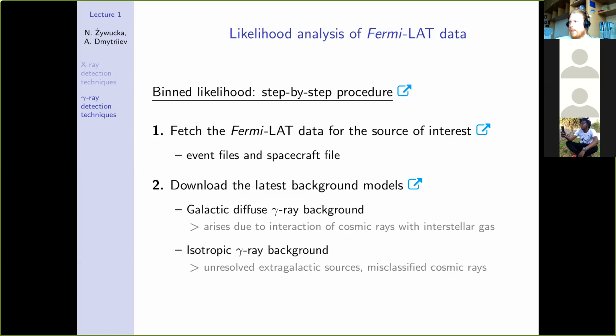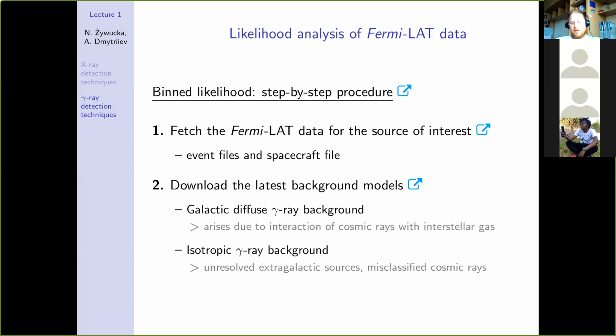It's everywhere all over the sky, and this is due first to unresolved extragalactic sources, many faint point sources which are superimposing together, and then also a fraction of this background is due to misclassified cosmic rays, as I already was speaking about.